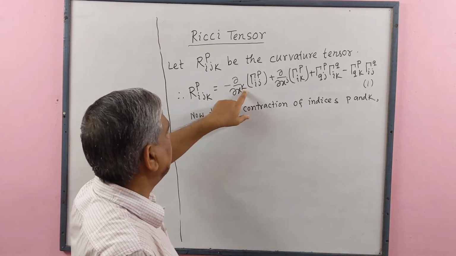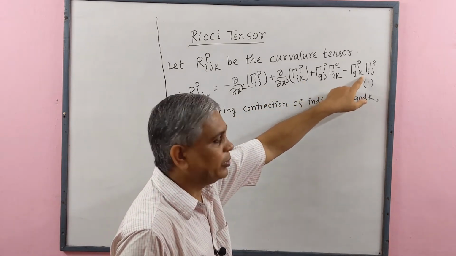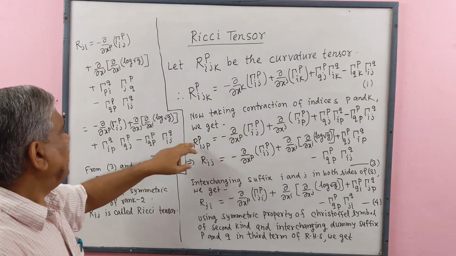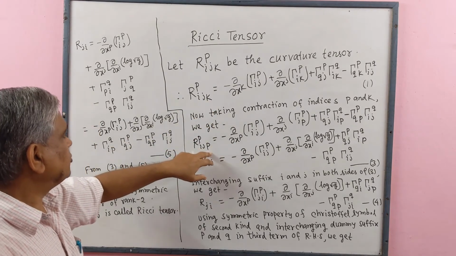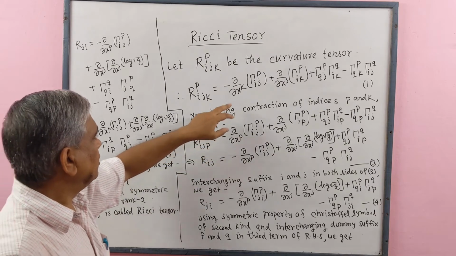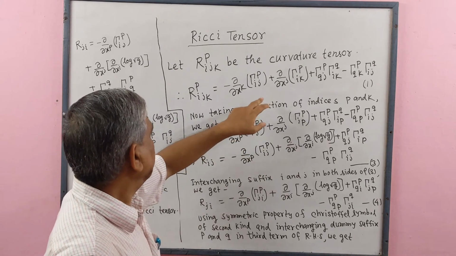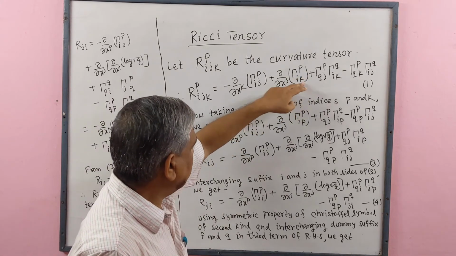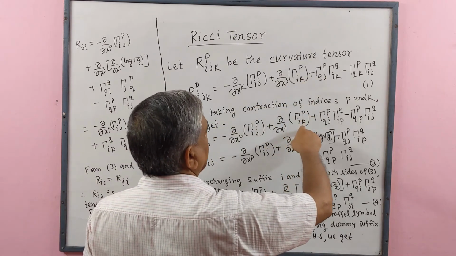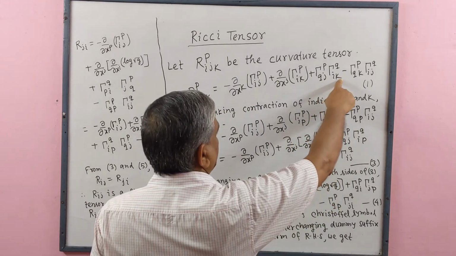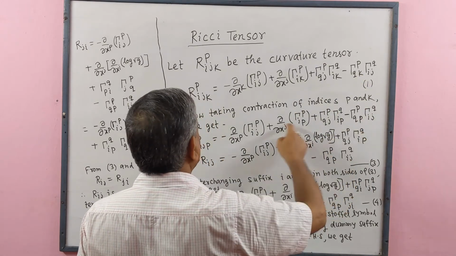Here we write p, here we write p, here we write p, here we write p. We get R^p_{ijp}, in this place p. In place of k we write p. Here also we write p, here also p, here also p, and we get the right side.